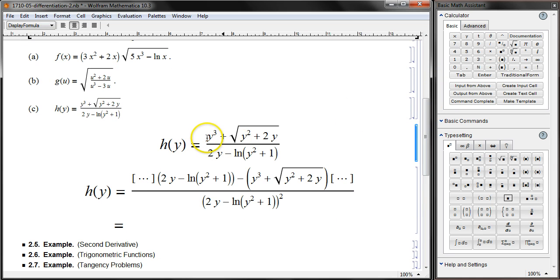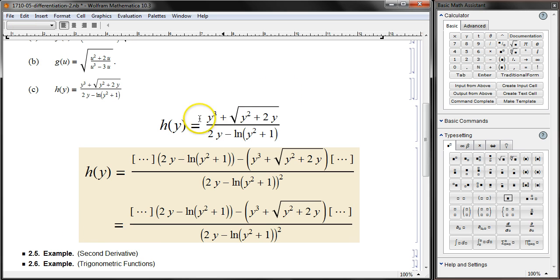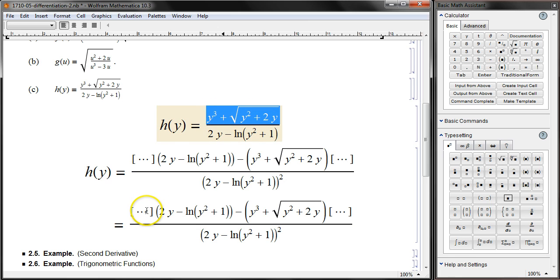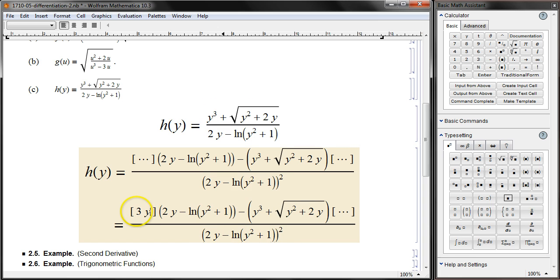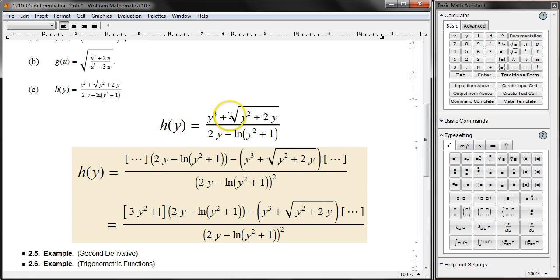Let's take the derivative of the numerator and put it over here. Take the derivative of the denominator, put it over there according to the structure of the quotient rule. Ready? Let's go. The derivative of the numerator, 3y squared plus, oh, here comes a composite function.